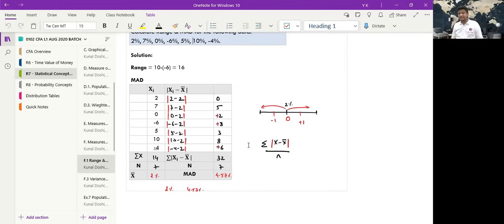Why do I say plus minus? Because it can go 4.57 up or 4.57 down. Got it? On an average. Everything is on an average. Clear?